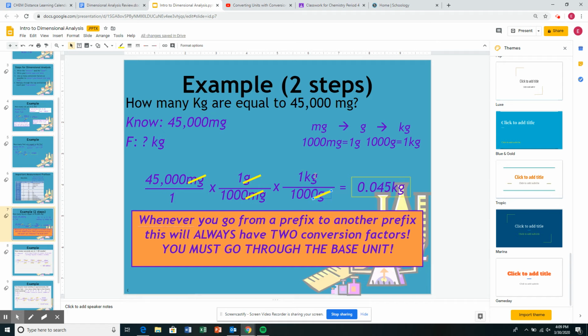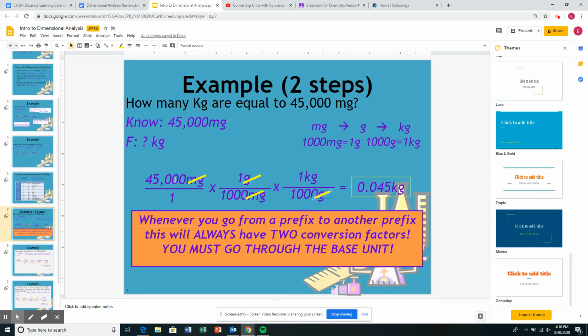Look at all of these other units, they have been canceled out. The unit that we are left with is kilograms. What we need to do is multiply through. So 45,000 times 1 is still going to be 45,000. And we are going to divide that by 1,000 times 1,000.